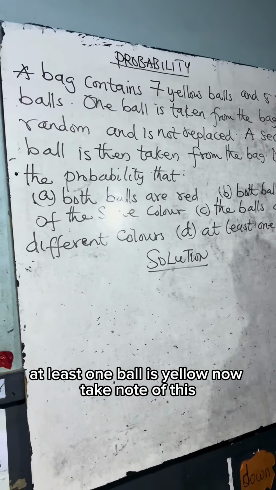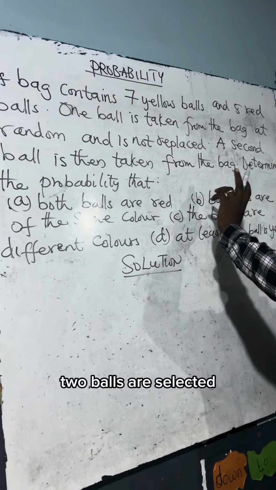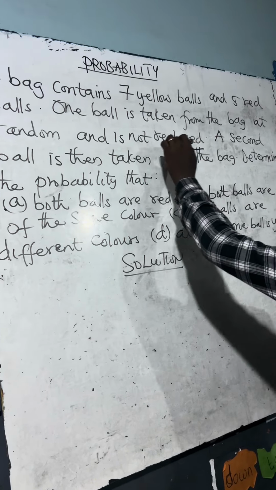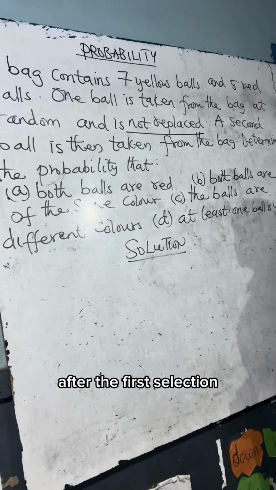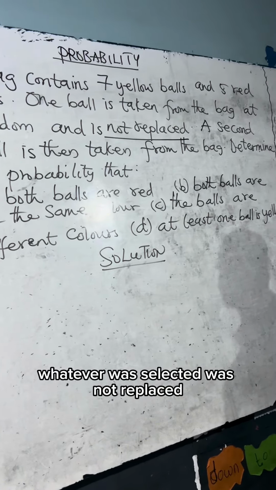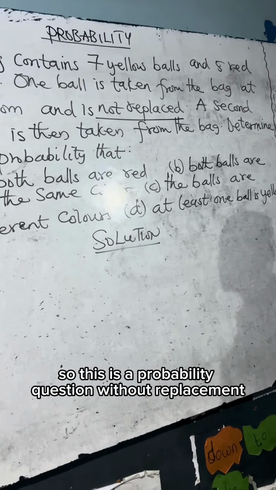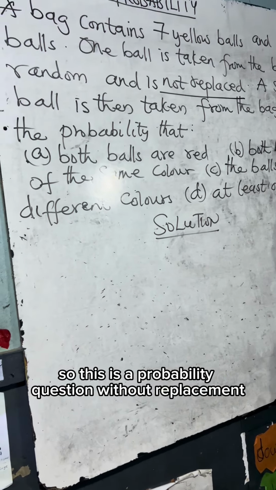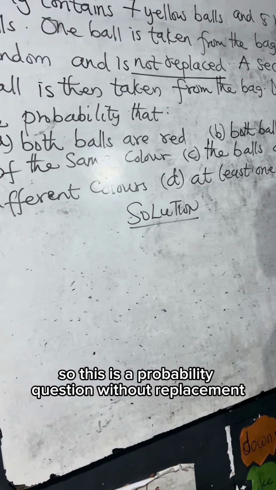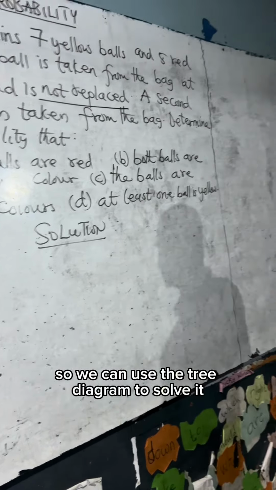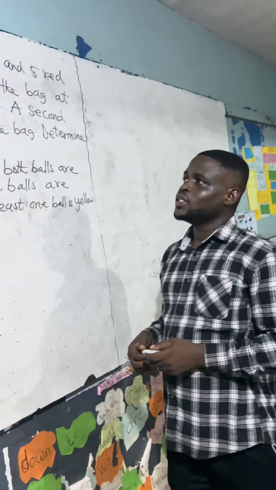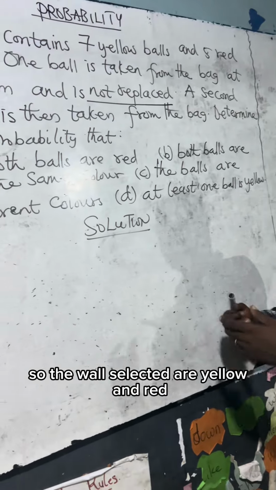Now, take note of these. 2 balls are selected. After the first selection, whatever was selected was not replaced. So this is a probability question without replacement, so we can use the tree diagram to solve it. The balls selected are yellow and red.